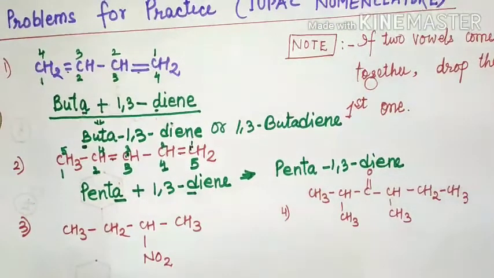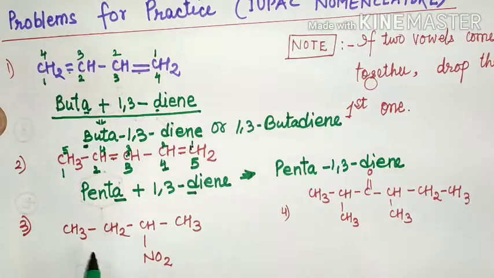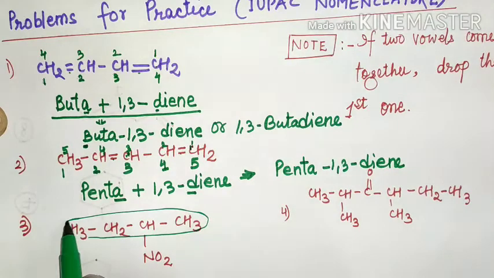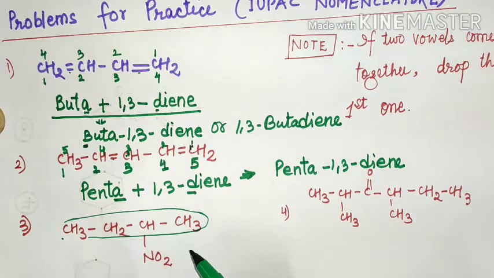Next, come to example number 3. Select the longest continuous chain of carbon atoms. After selecting the chain, numbering of the chain should be done in such a way that the functional group gets priority over the double bond, the double bond over the triple bond, and the triple bond over the substituent.